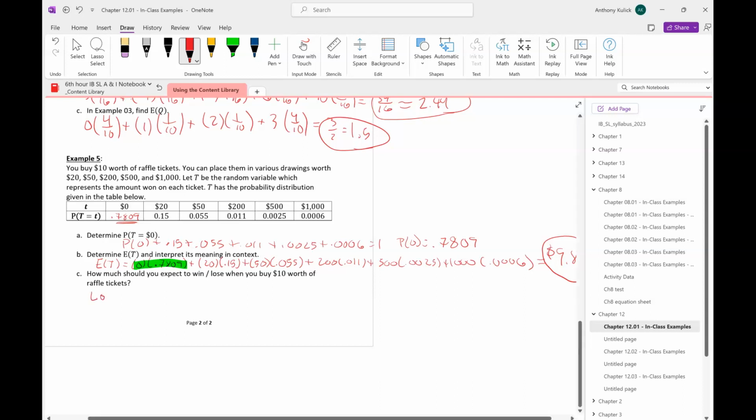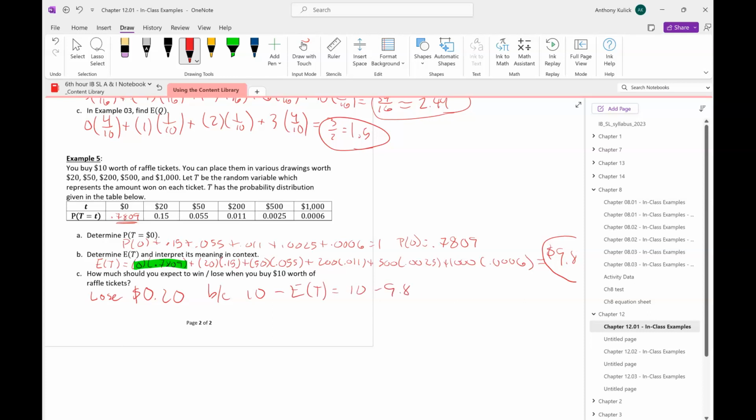You would expect to lose 20 cents because 10 minus E of t. Oops, I'm sorry. So the expected is the amount you'd be expecting to win minus the cost to play. So that's kind of the idea there.